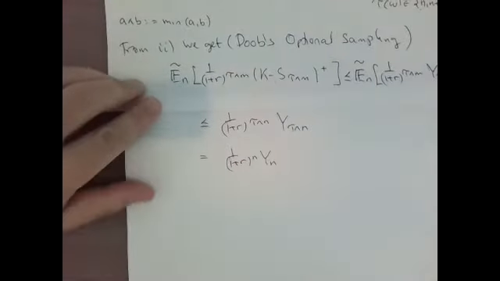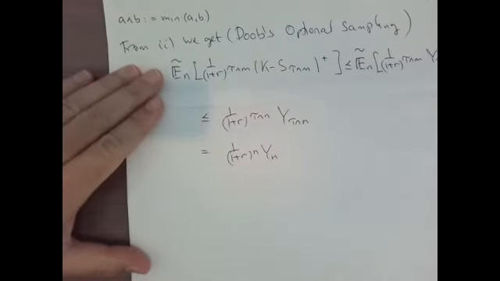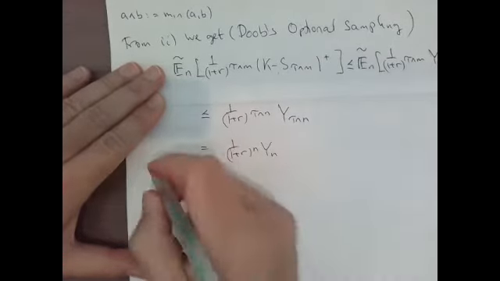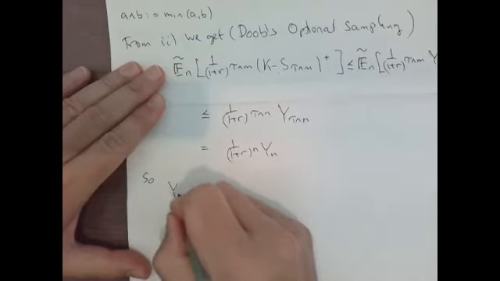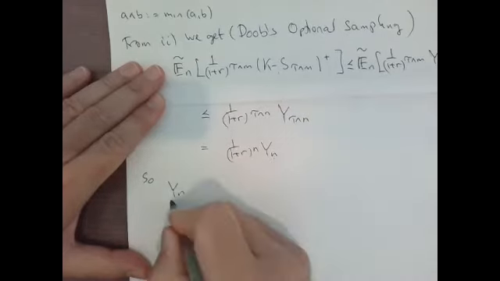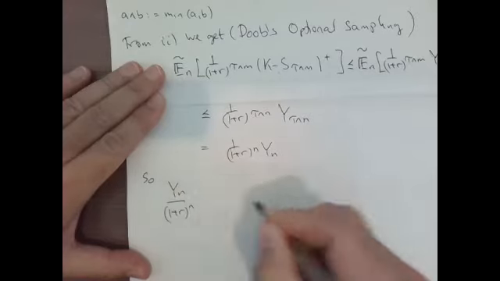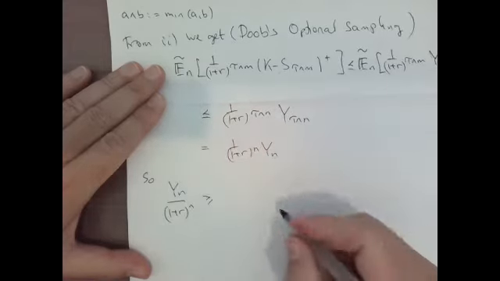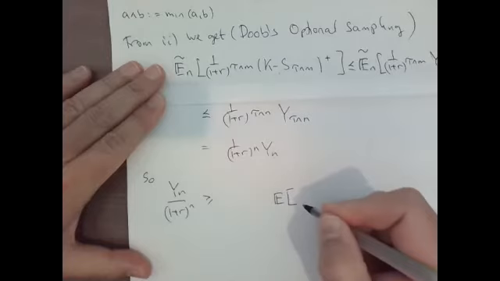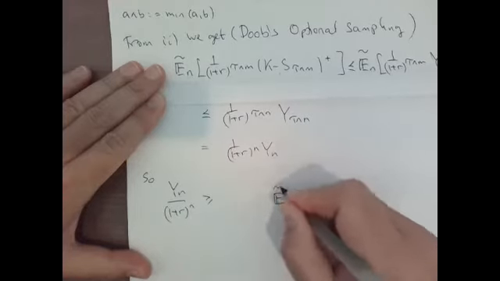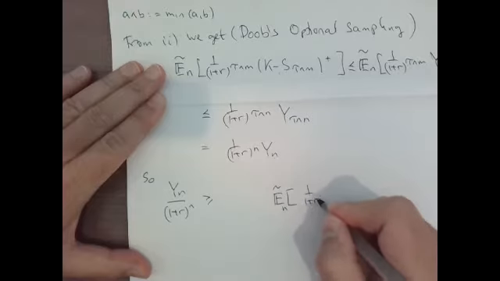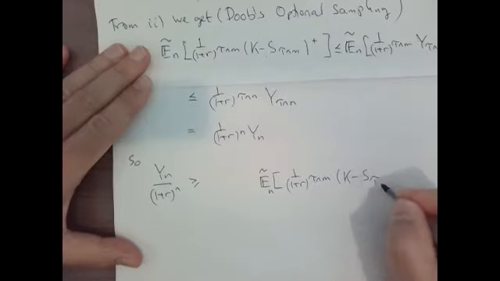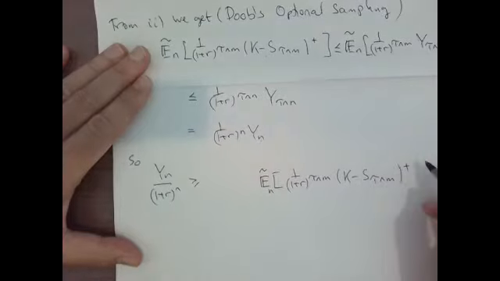So I get an inequality. And let's try to figure out how we get to the end here. So I have Y n divided by 1 plus r. This here is bigger than what I have on the left-hand side. I'll write that out here as E_n of 1 over 1 plus r to the tau min m times (K minus S tau min m) positive part.